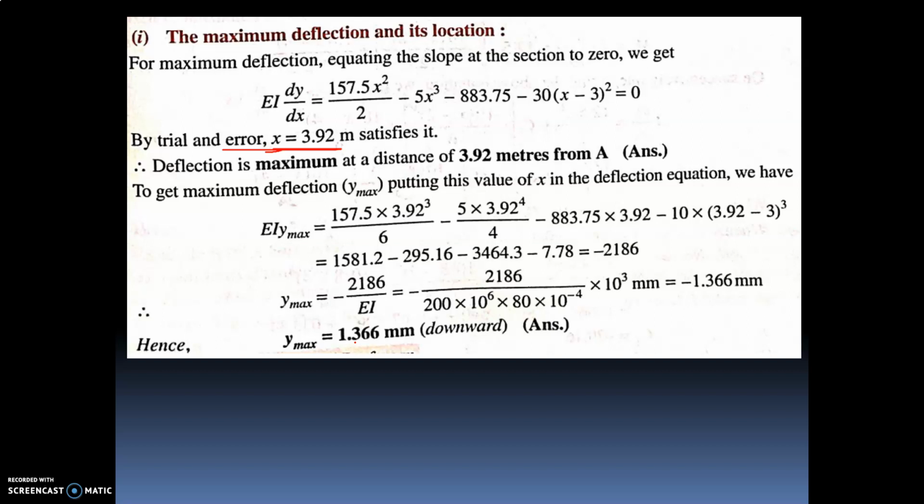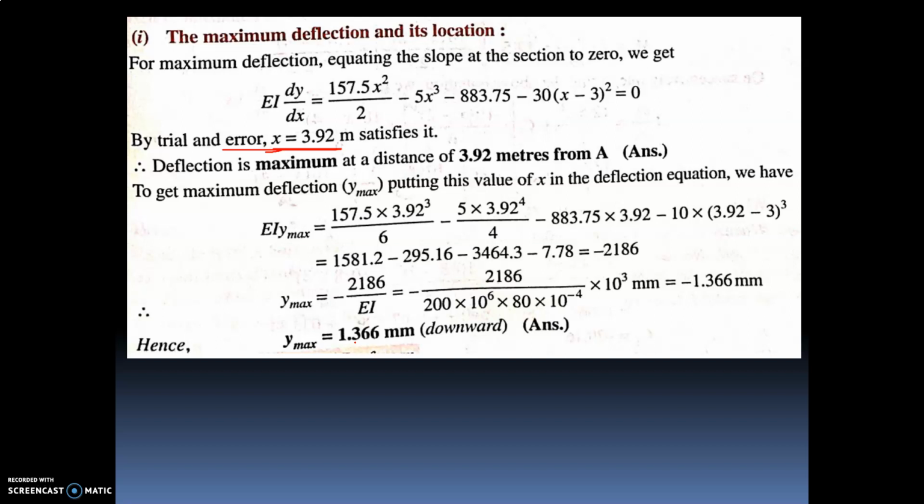Once you get slope and deflection equations, you have to calculate the deflection or slope. I mean, to get the constants, you have to take x at 2 points, at A and at B. For that, x at A is 0. At that point, deflection is also 0, because deflection is always 0 at the support.